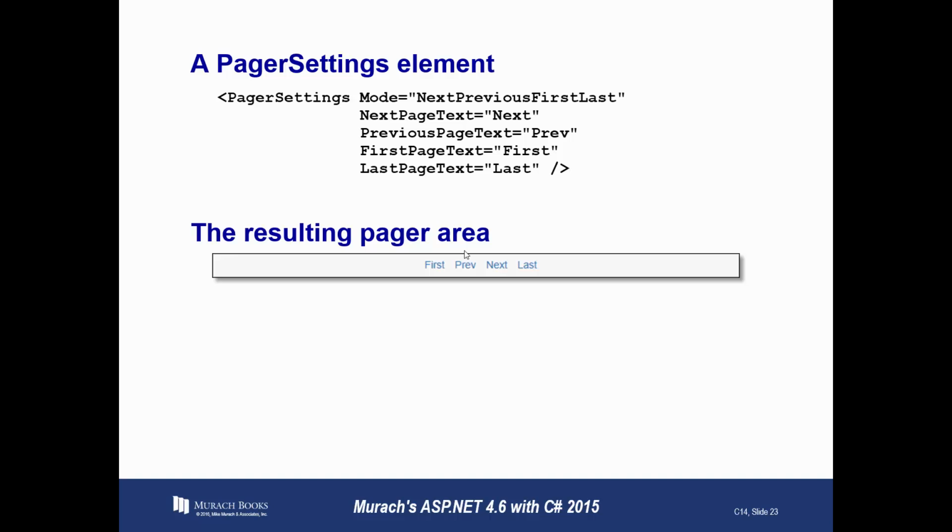You can set a page size property to specify the number of rows. We already talked about that. By default, each time a different page is displayed, all the rows in the data source are read. To avoid that, you can use allow custom paging and virtual item count. And the author says if you want to do that, see the online help.